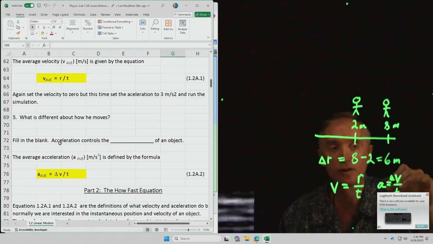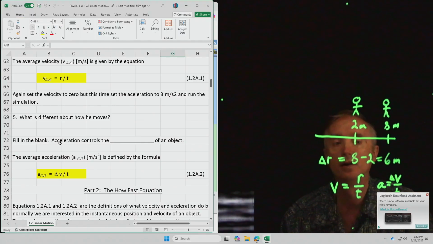So it's triangle V over T. It's your change in your speed divided by time. This is really, really important. Acceleration changes your speed. That's the purpose of it. So those are the two definitions. This is the definition of what we mean by speed. This is the definition of what we mean by acceleration.